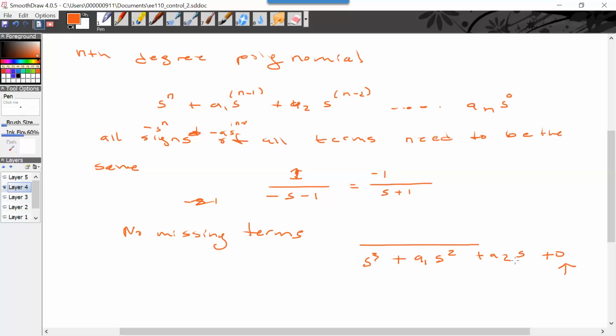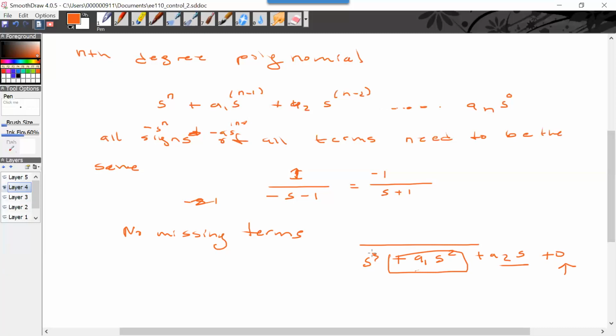You could pull out one s from all of these and have a root, a pole at 0. But if any one of these is missing, all it takes is one, then it won't be in control.